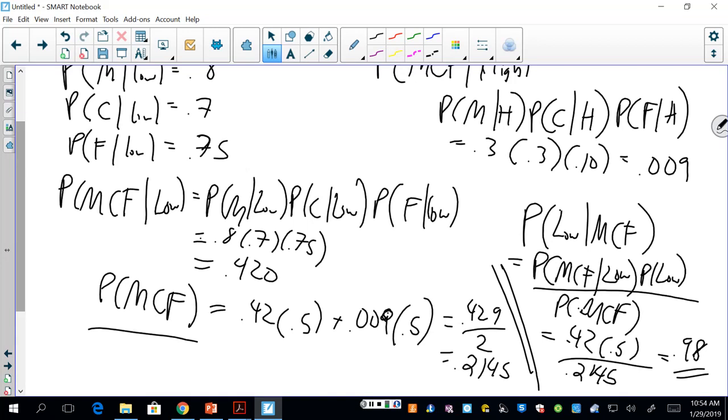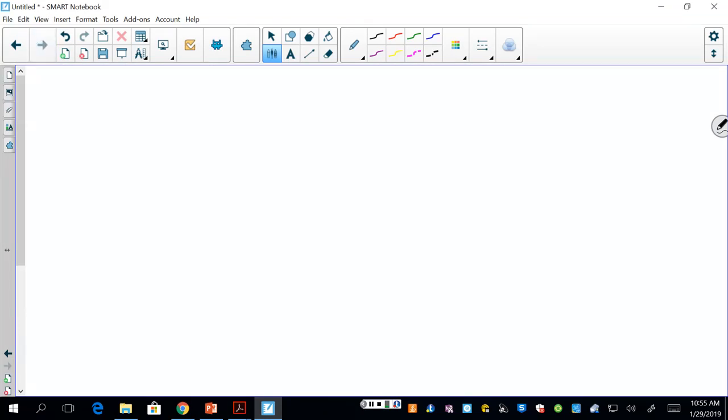Which gives us that if an infant had those three responses that are more common among the low activation group, we would calculate a very high probability that they actually came from that group. So this has been a little bit of an involved example.